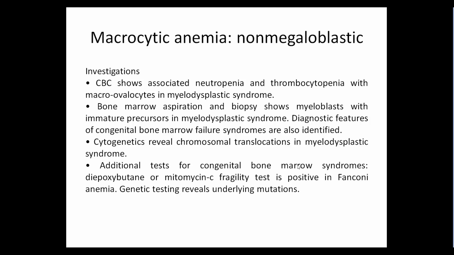Cytogenetics reveal chromosomal translocation in myelodysplastic syndrome. Additional tests for congenital bone marrow failure syndrome: the diepoxybutane or mitomycin C fragility test is positive in Fanconi anemia. Genetic testing reveals the underlying mutation.